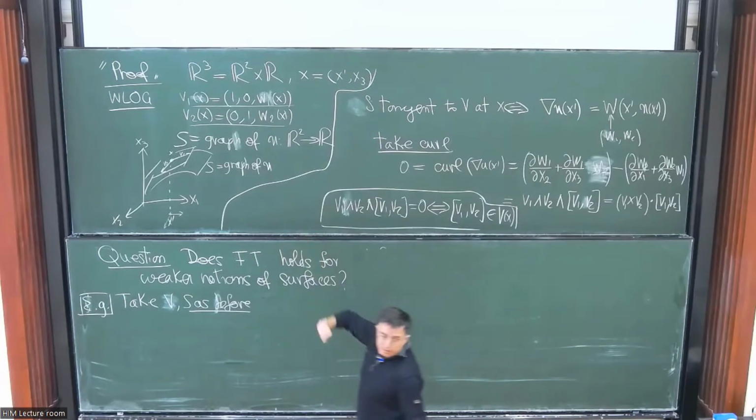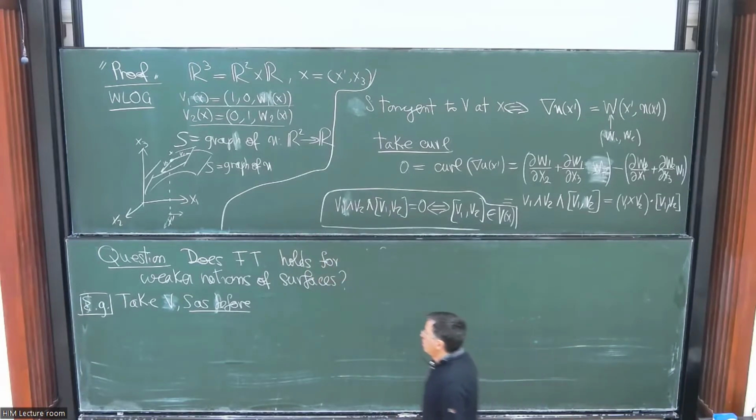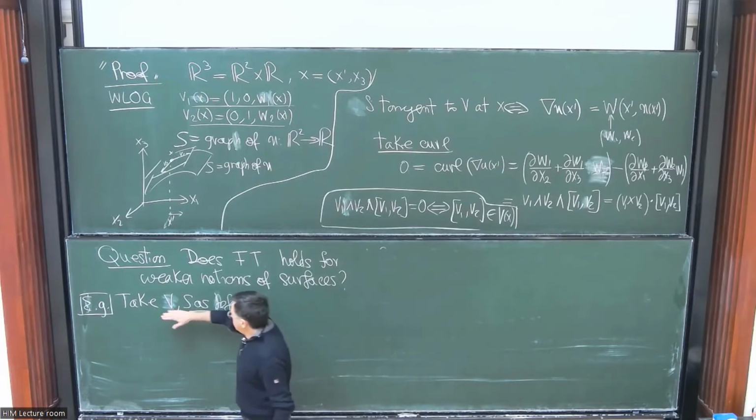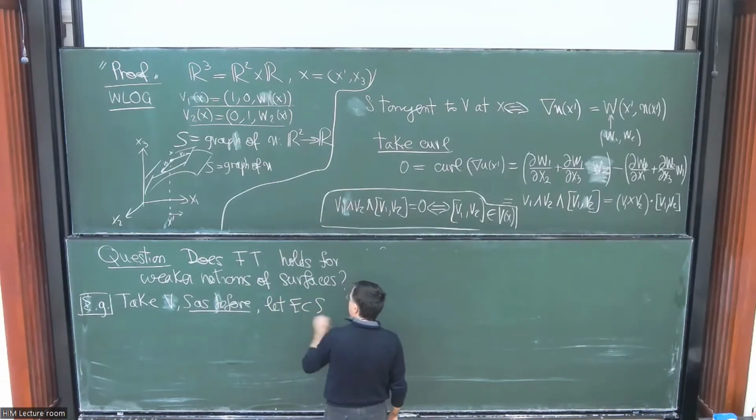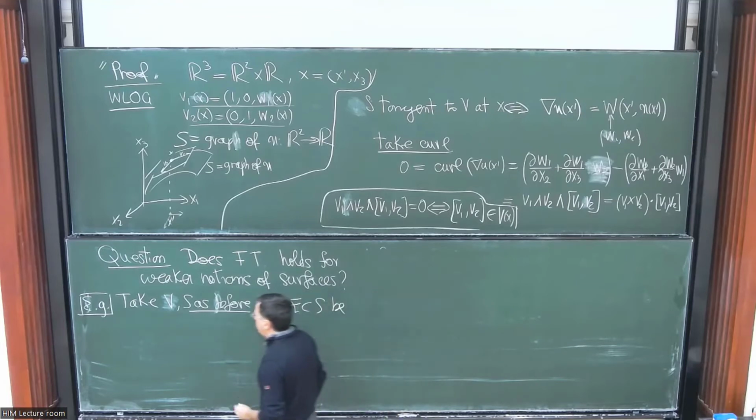In particular, it could be that setting over there. Okay, and you ask yourself, I take the set of points where S is tangent to V. Okay, so let E, included in S, be what is called the contact set.